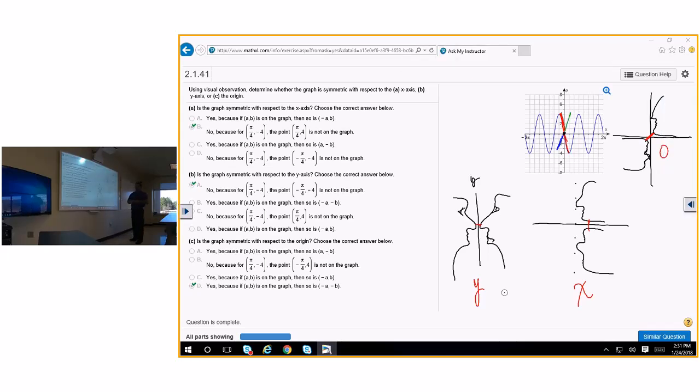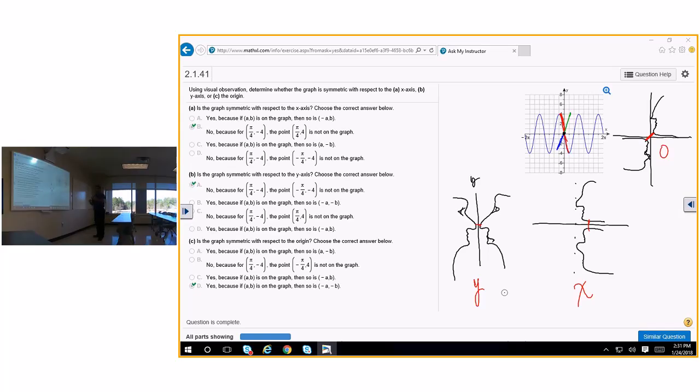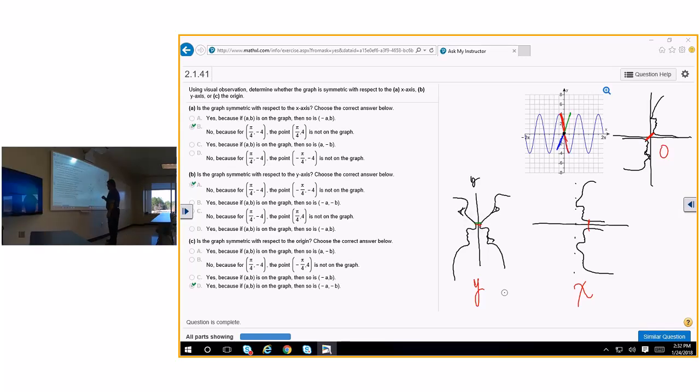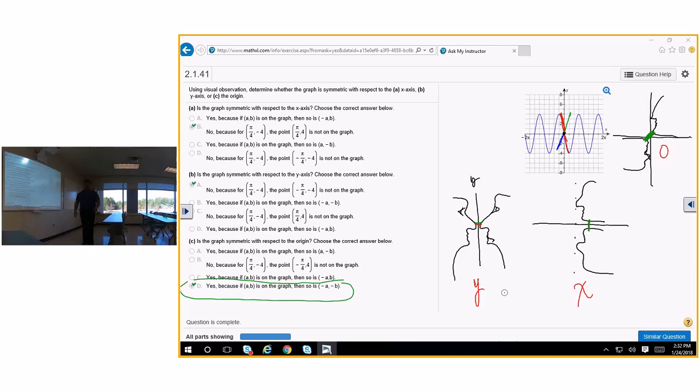So you've got to think of it: what does the mirror image, where is it reflected from and where is it going? Either you've got a reflection this way, or this way, or you've got a reflection diagonally. And diagonally means around the origin. And that's how you do the reflection questions.